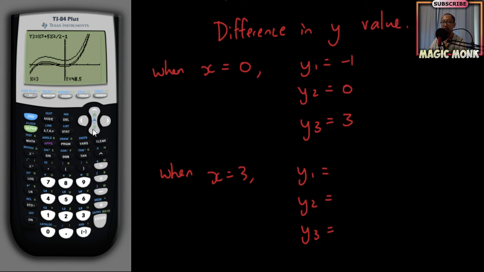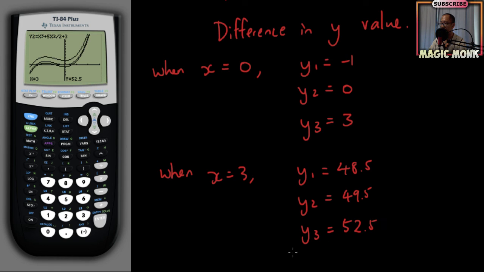We got y1, 48.5, and then the one in the middle is 49.5, and then the one at the top is 52.5.